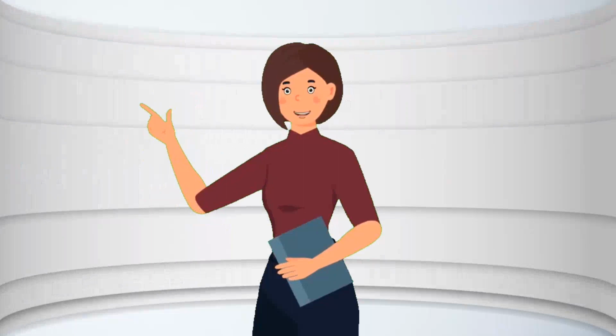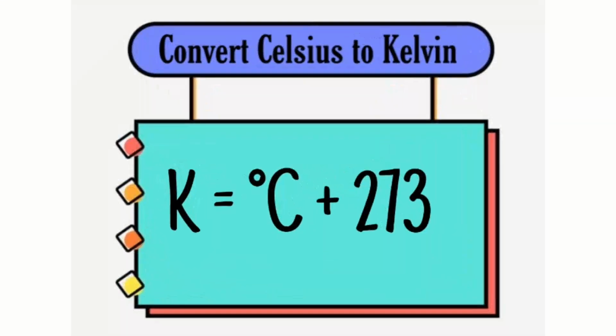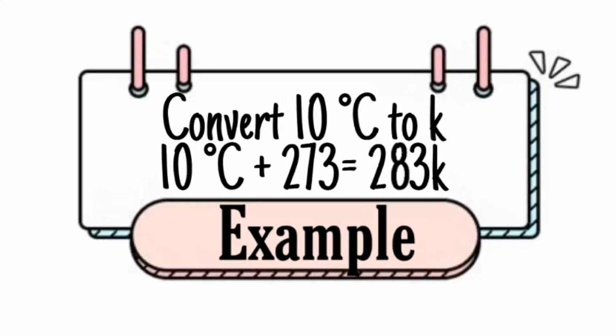To convert Celsius to Kelvin, you have to use this equation. Kelvin equals degrees Celsius plus 273. For example, you have to convert 10 degrees Celsius to Kelvin. 10 degrees Celsius plus 273 equals 283 Kelvin.